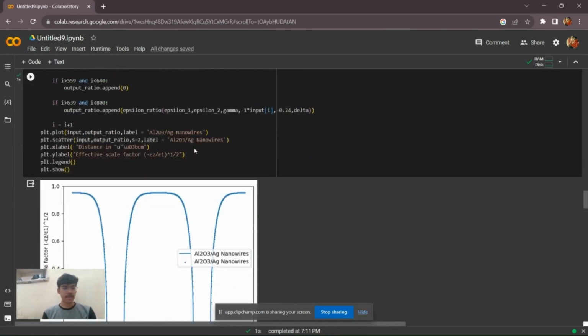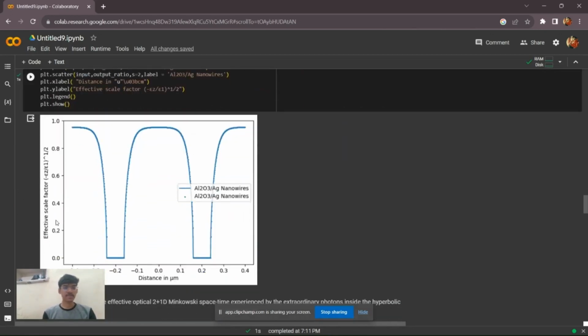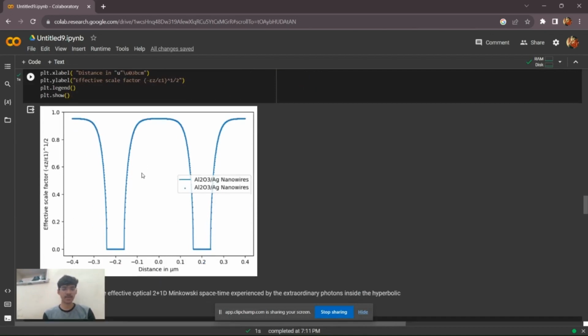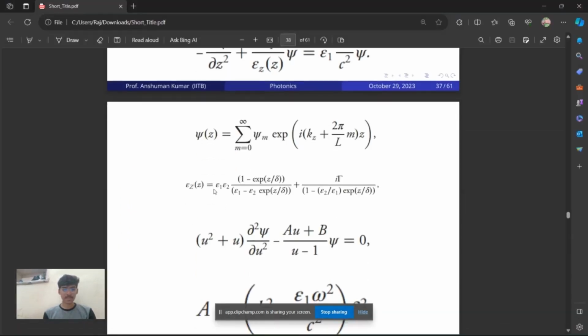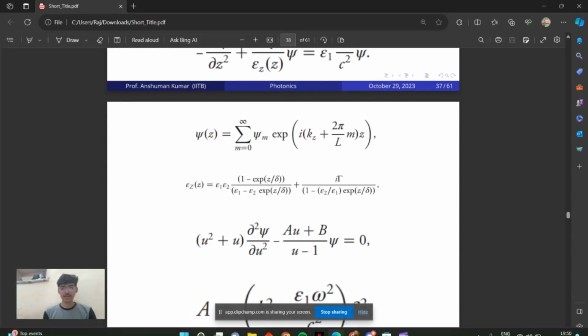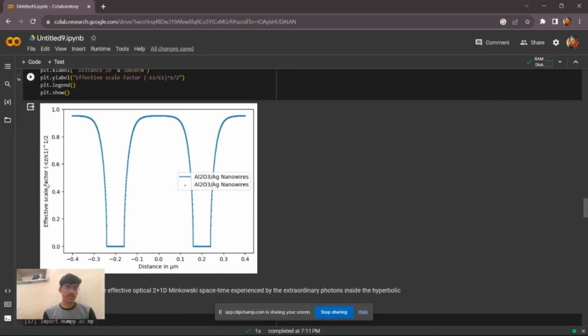So let us look at our next graph, which is the effective scale factor, which equals the square root of minus epsilon z by epsilon 1. When we look at our expression epsilon z, we know that in the hypermetamaterial, epsilon 2 is negative. So the effective scale factor, minus epsilon z by epsilon 1, becomes positive in the hypermetamaterial.